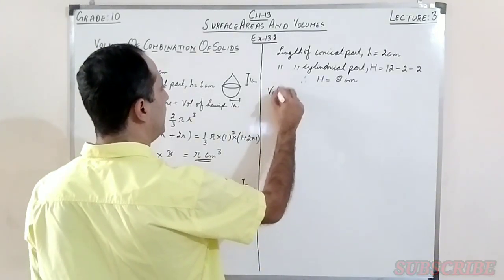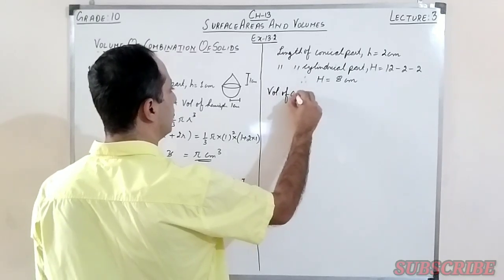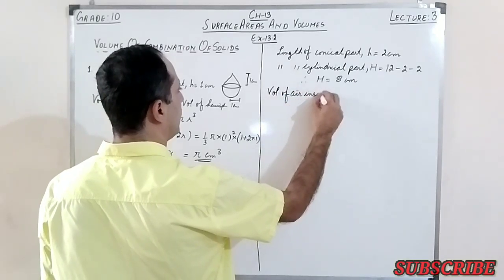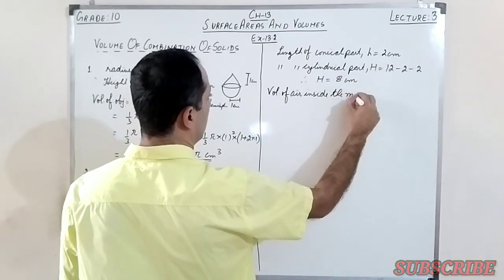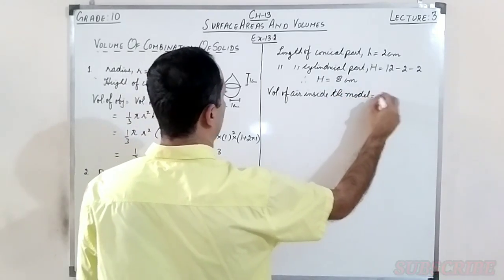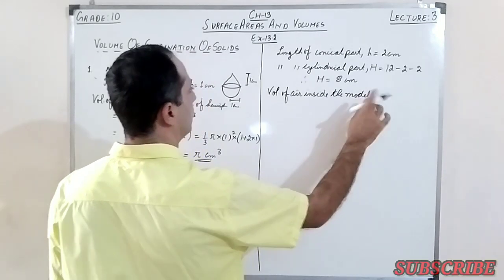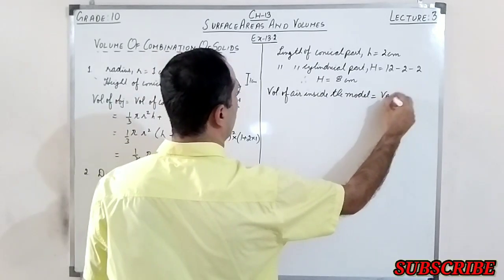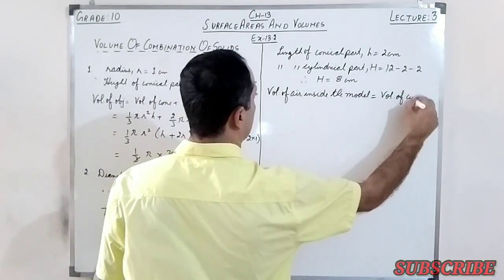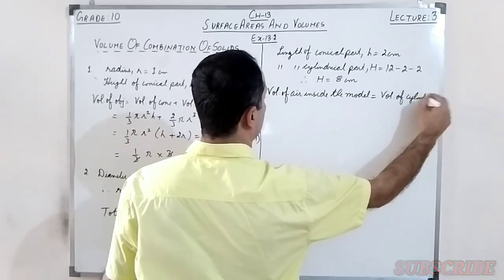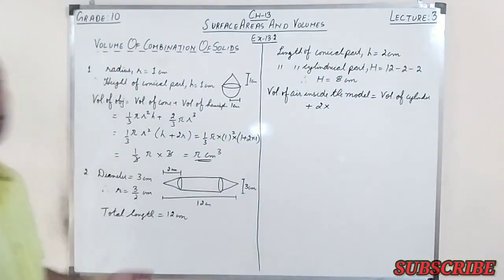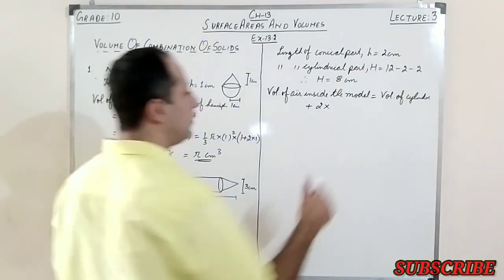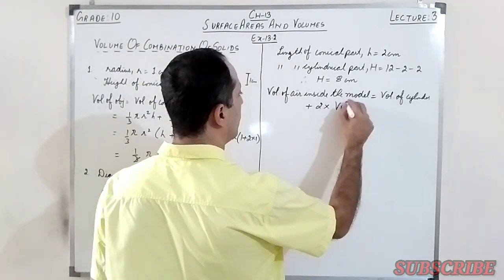Now let's find the volume of air inside the model. It is equal to volume of cylinder plus 2 multiplied by volume of cone, because there are 2 cones.